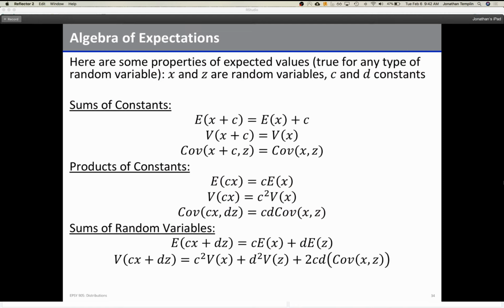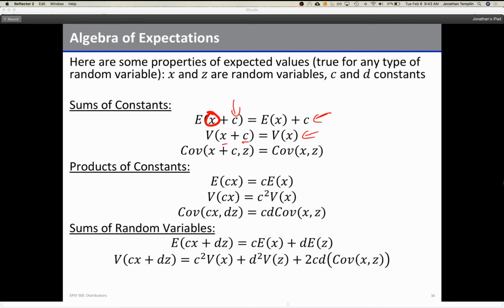So this is sort of telling us why the distributions change when we do things to the data themselves. If we have a random variable x and we add a constant to it, then the expectation of x shifts by that constant. What does that mean? It means we're just shifting the mean by adding a constant to it. I think that tends to make sense. The other thing of note is that when we add a constant to that random variable x, the variance stays the same.